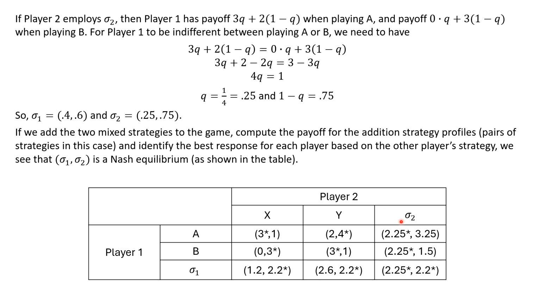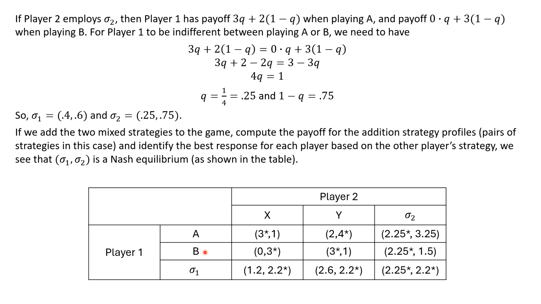Player 2 plays sigma sub 2 and player 1 plays A, and then you would get 3 times Q, this term here, plus 2 times 1 minus Q. So that's the payoff for player 1 given strategy A against strategy sigma sub 2.